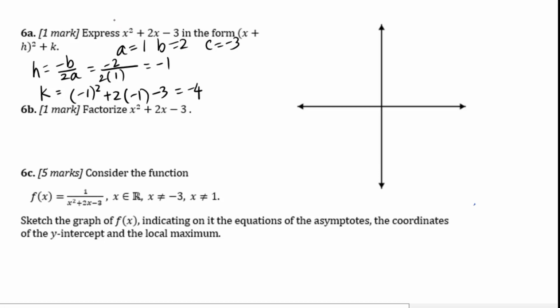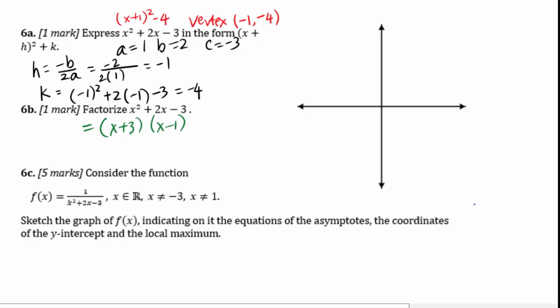So the vertex form will be (x plus 1) squared minus 4. The vertex is (negative 1, negative 4). For 6b, factor x squared plus 2x minus 3, it will be (x plus 3)(x minus 1).